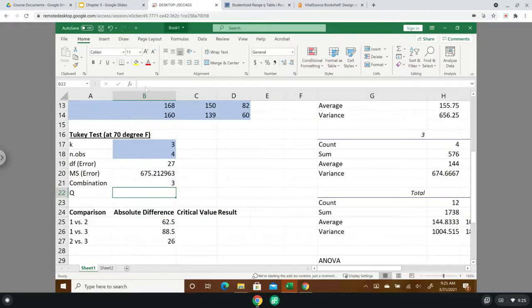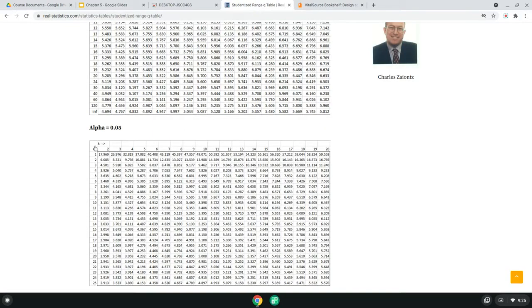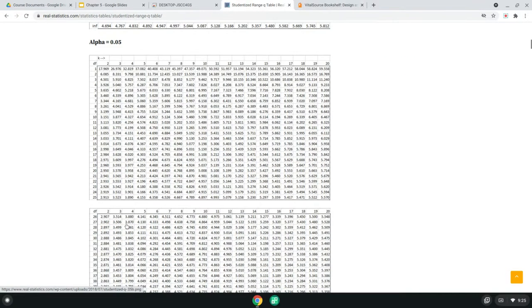Our K, the number of material types or number of samples, is 3, and degrees of freedom for error is 27. So we look at K equal to 3 and degrees of freedom 27. Okay, so 3 and 27. So we get 3.506.